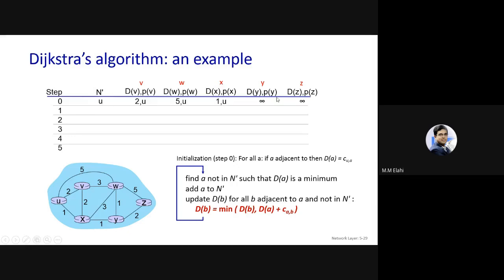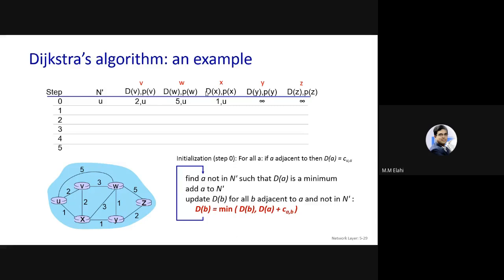So from these nodes, find a node with the minimum value of D. So which value is minimum in the first step? The cost. Sir, 1, X, right, X has the minimum value, right?